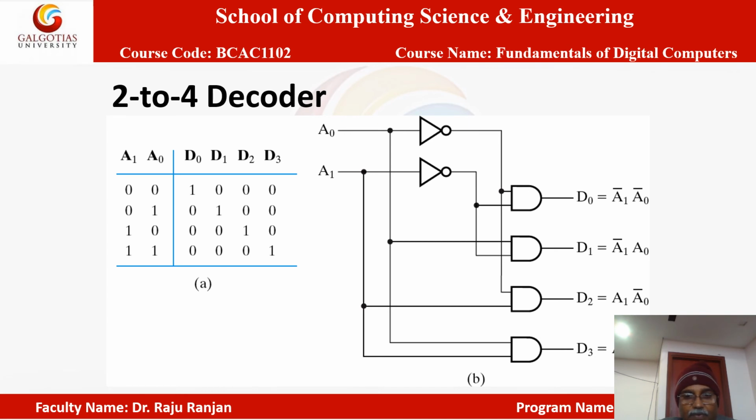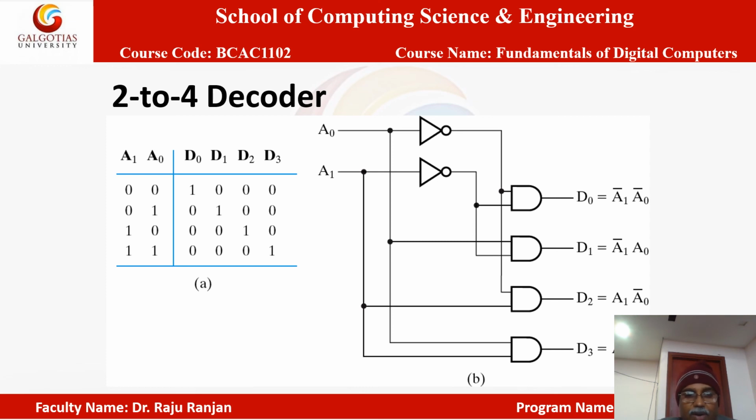Both inputs are 1 in this AND gate, so we get output D0 equal to 1.